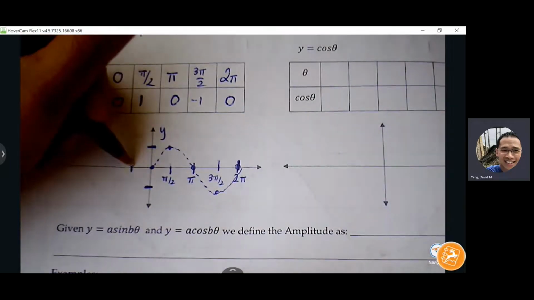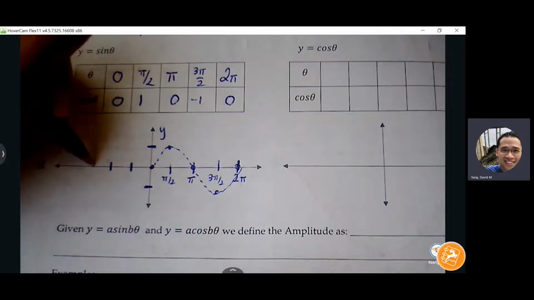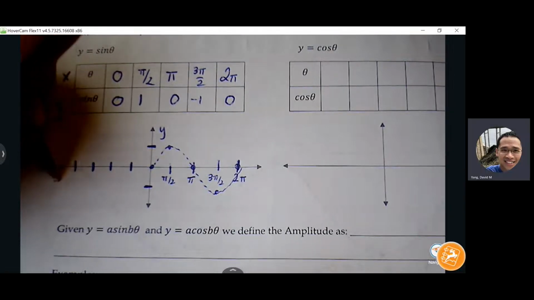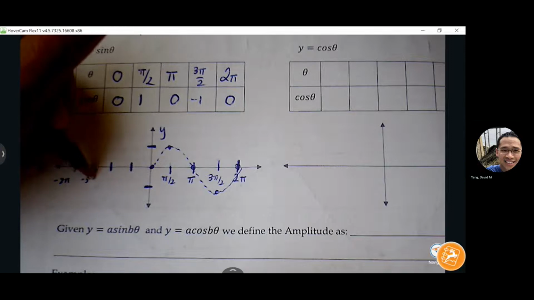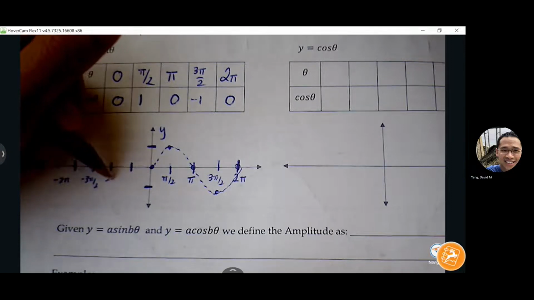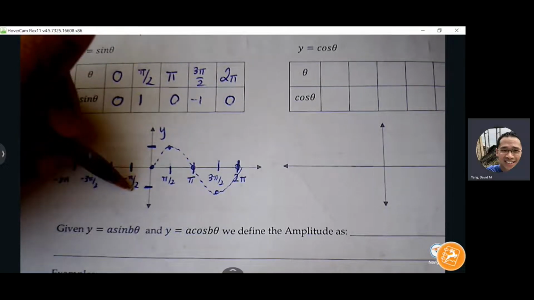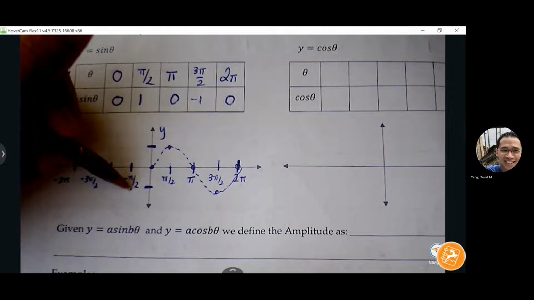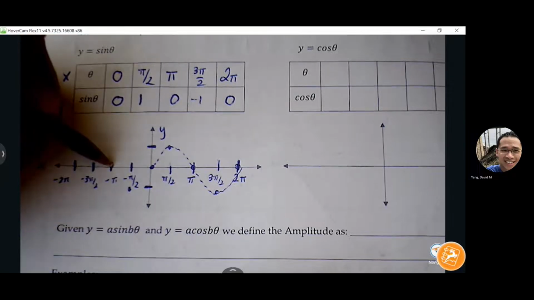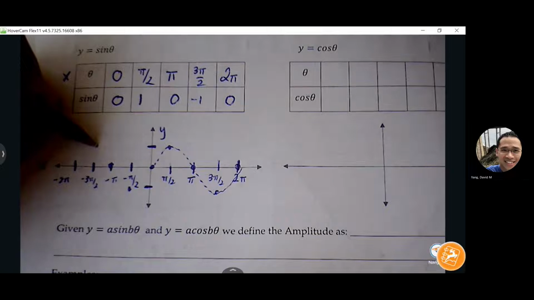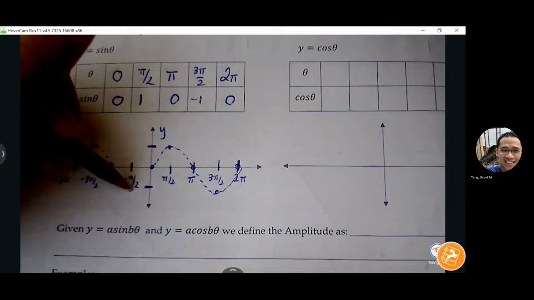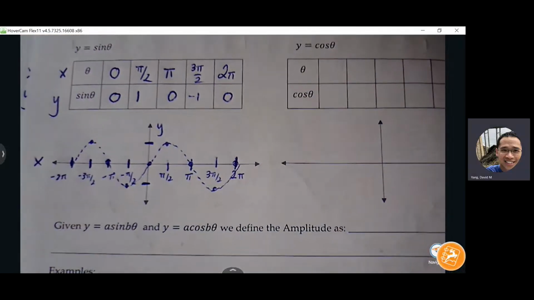I can also go negative pi over 2, negative pi, negative 3 pi over 2, and negative 2 pi. We're going to get the same shape either way, whether we go negative or positive direction.